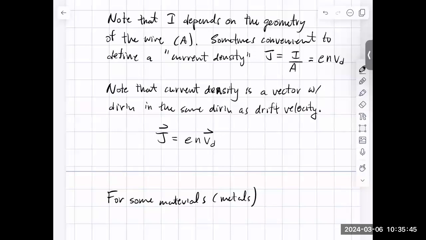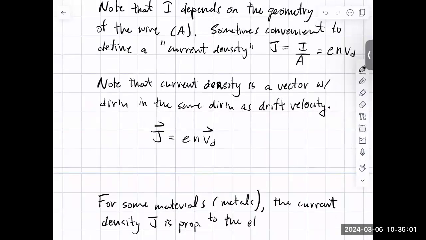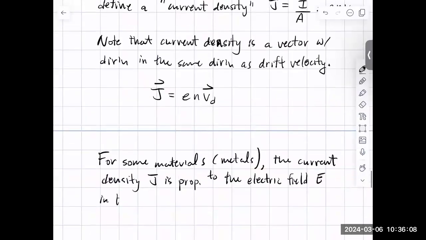from. So for some materials, like metals, the current density, J, is proportional to the electric field, E, in the wire. Now, that's maybe not too surprising, because current density is this flow of charge.